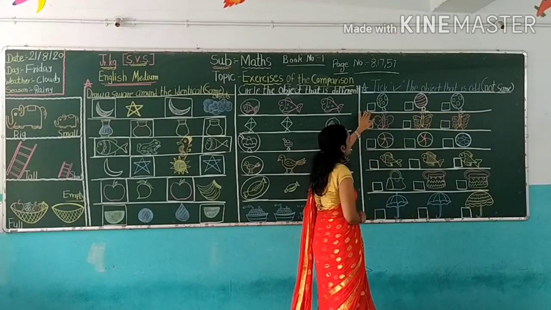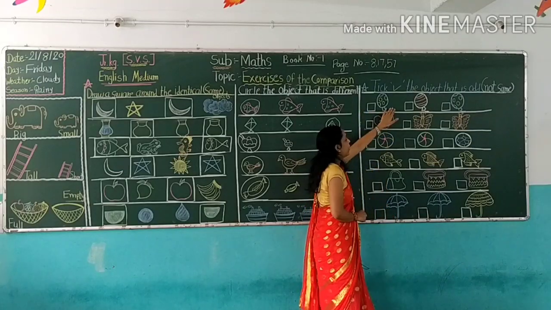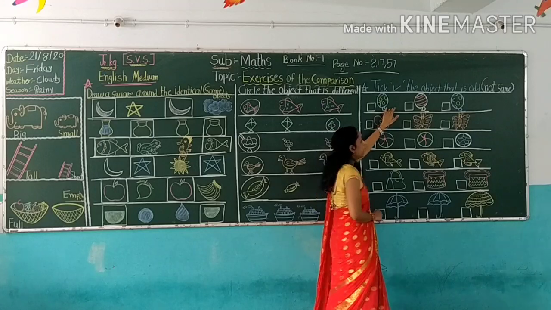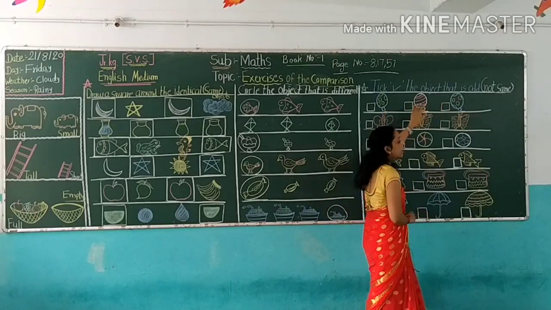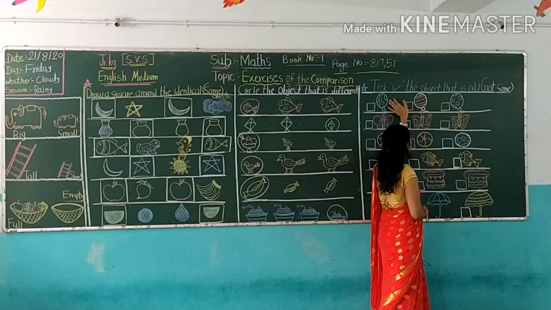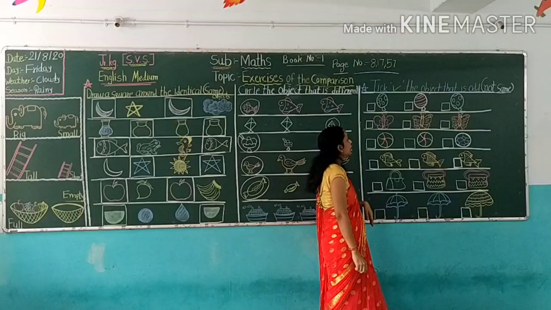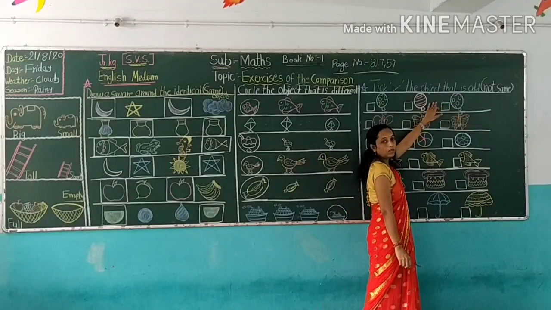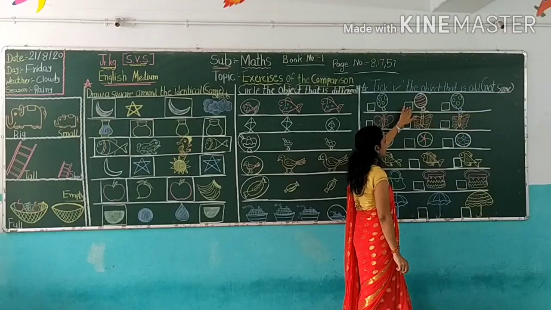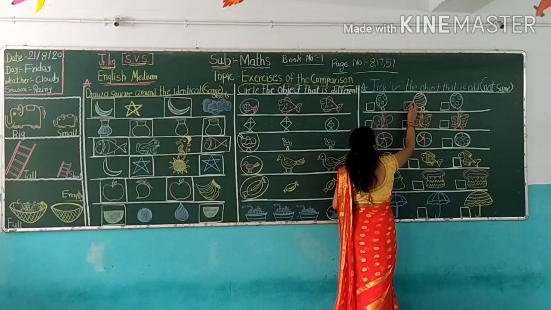So student, which balloon is odd? जो odd means जो different हो. इसमें ये balloon same है, देखो. This and these both are same. So which balloon is odd? Tell me. This? No. This? No. This. So tick right here. Okay. Tick the right balloon.